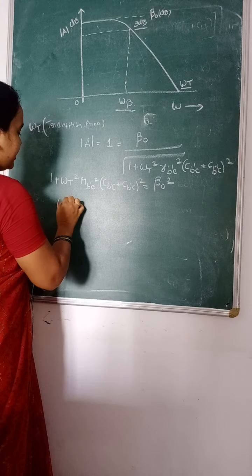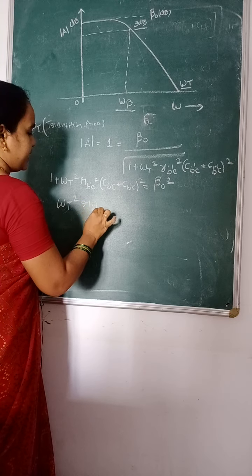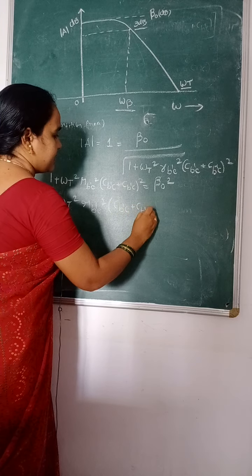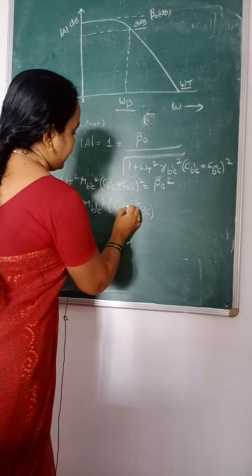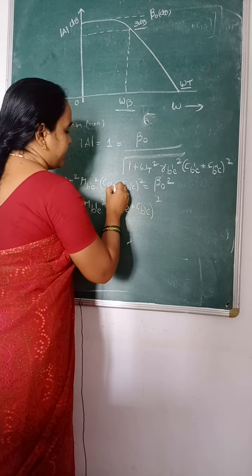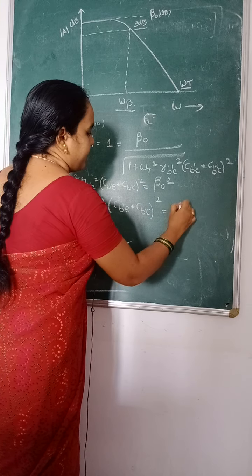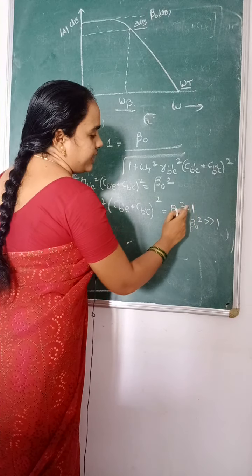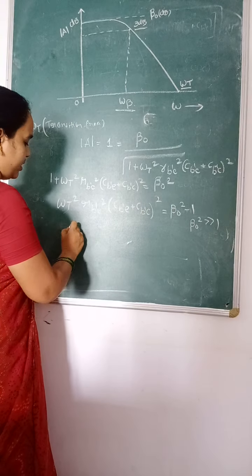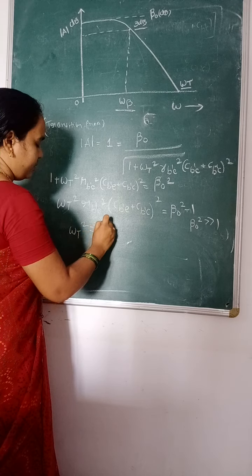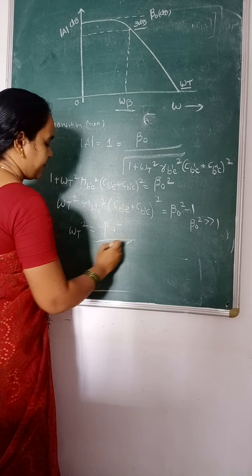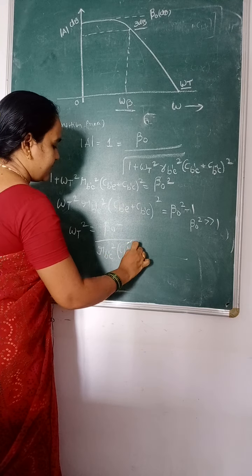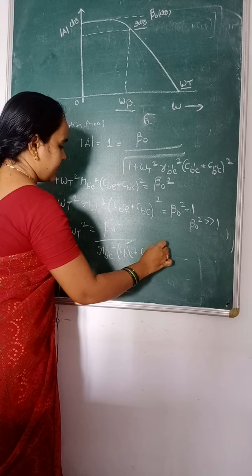Then omega T square r_b'e square (C_b'e plus C_b'c) whole square is equal to beta naught square minus 1. Here beta naught square is very much greater than 1, so we neglect this minus 1 value. Then omega T square is equal to beta naught square by r_b'e square (C_b'e plus C_b'c) whole square.